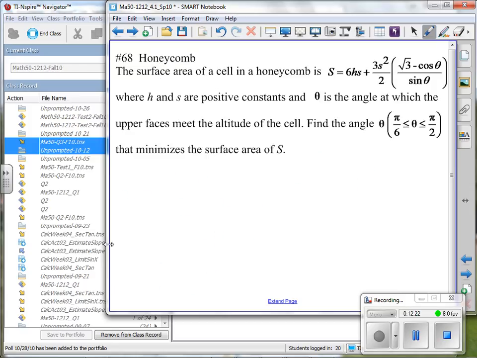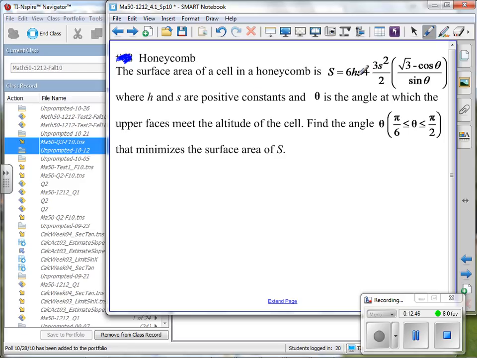It's called the honeycomb problem. I don't know that it's 68 in our textbook. That might have been from the other edition we had. But the surface area of a cell of a honeycomb is given by this. Now, you are not responsible for memorizing this at all, okay? That's just the way the formula is written. Where H and S are positive constants. That's important.